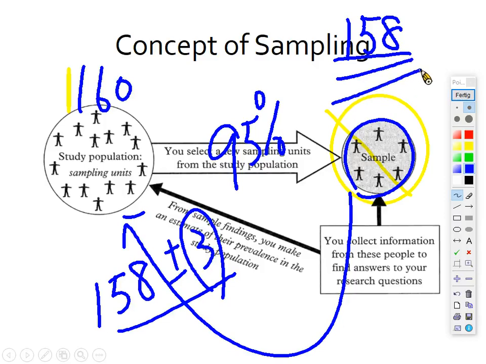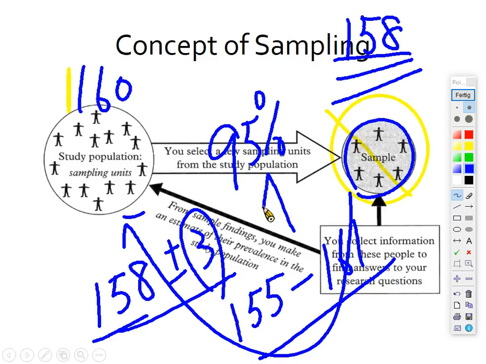Then with 95% probability, the average height of the population will be between 158 plus and minus 3, which means that the average height of the population is somewhere between here, and the probability of this happening is 95%. Okay, normally.